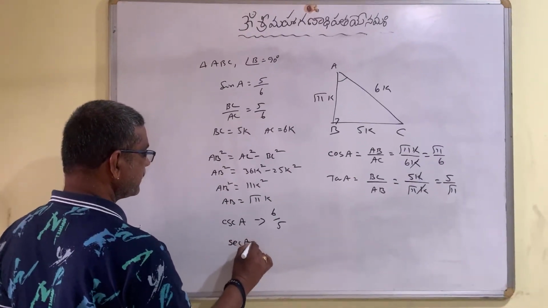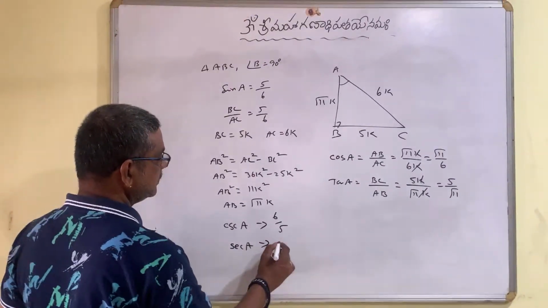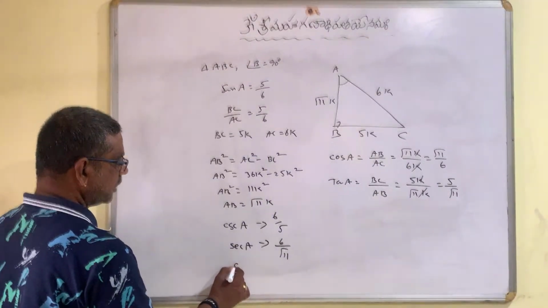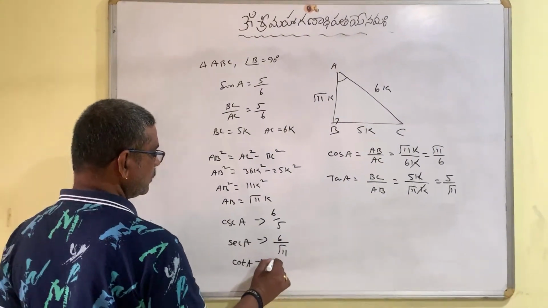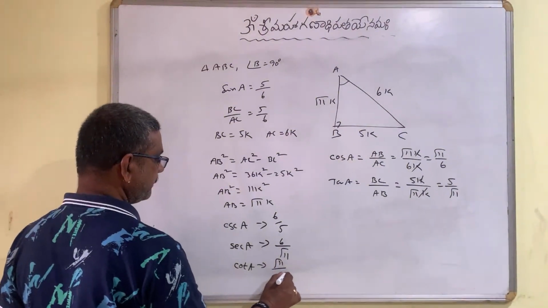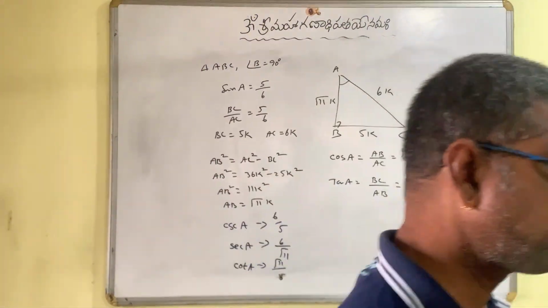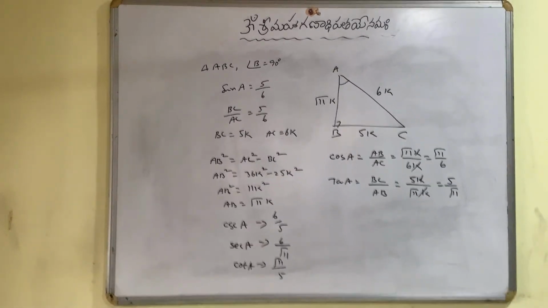Secant A, 6 by root 11. Cot A, root 11 by 5. Okay na?